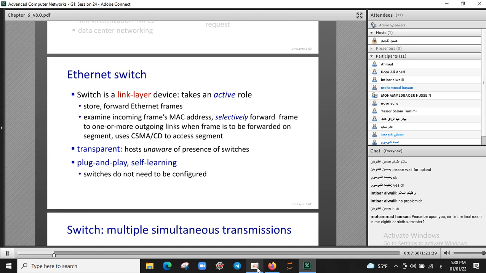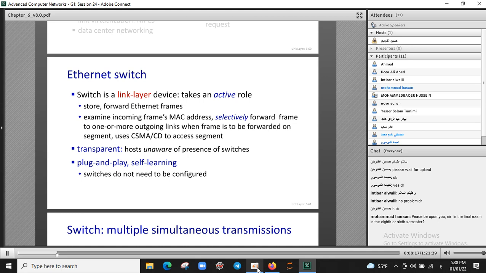One more thing. Switches never change the contents of frames. Never. In a router, as we talked, when a packet arrives, the router will handle the header of the packet.